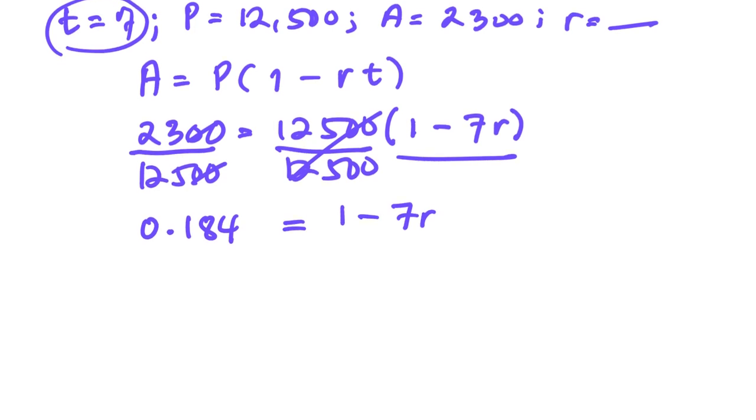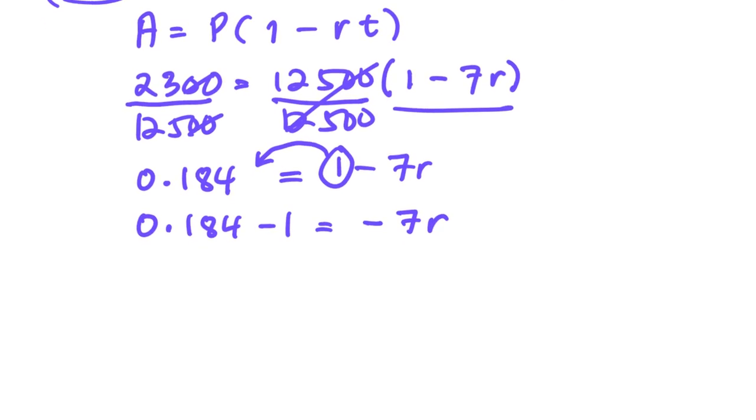Okay, so let's continue. Now, the next thing we're going to do is put this one on the other side. That means 0.184 minus 1 is equal to negative 7R. Okay, simplifying this one, it's going to give you negative 0.816 is equal to negative 7R.